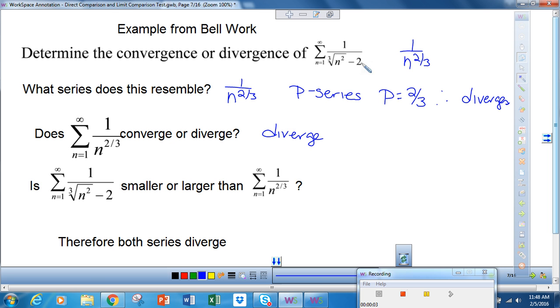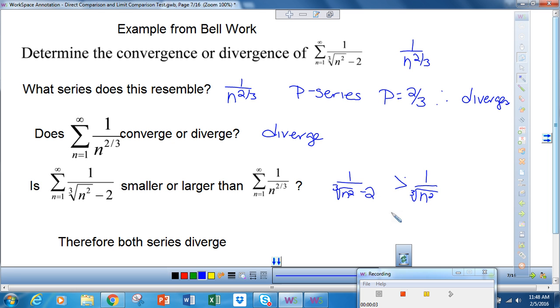So in order to prove that this entire thing diverges, I have to prove that 1 over the cube root of n squared minus 2 is greater than 1 over the cube root of n squared.